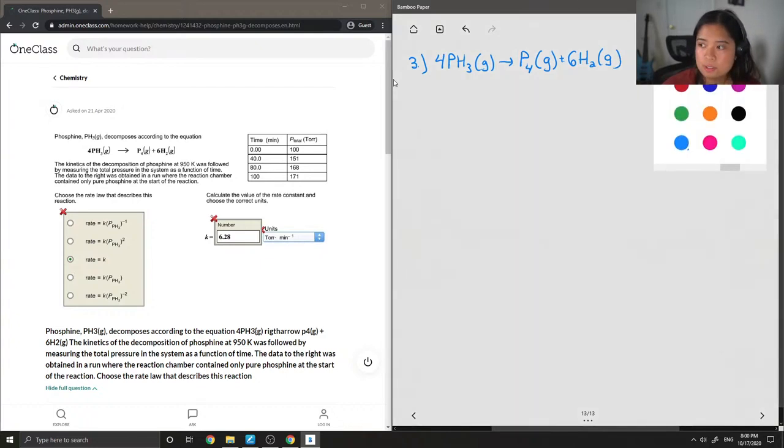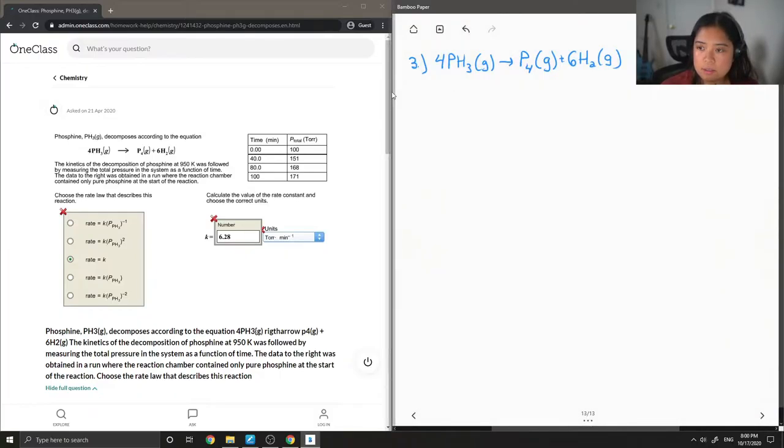Okay, so given the units there, I'm gonna make just like a rough graph of the time versus the pressure.